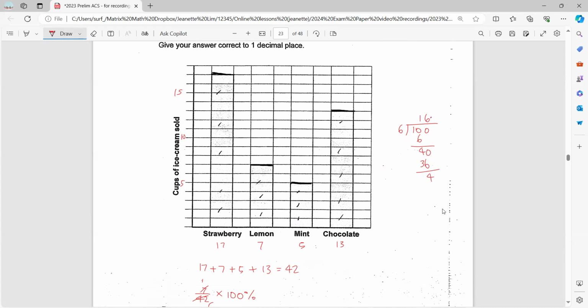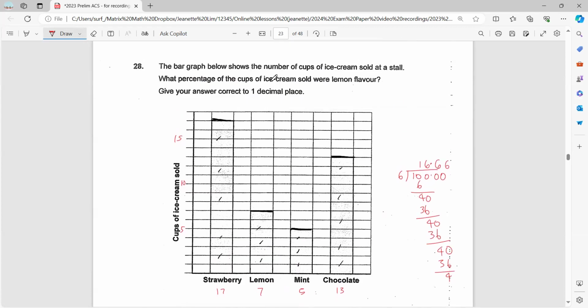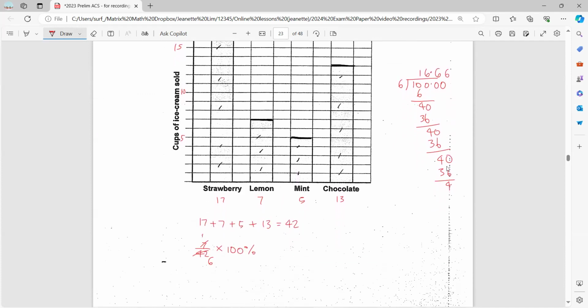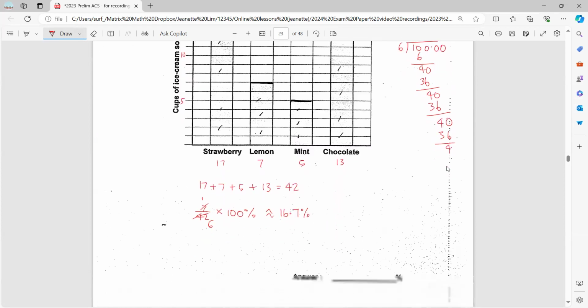Introduce decimal point, bring down 0. 6 times 6, 36. Continue until you get 2 decimal places. 16.66. You want 1 decimal place, round it up: 16.7. Use the approximation sign. 16.7%.